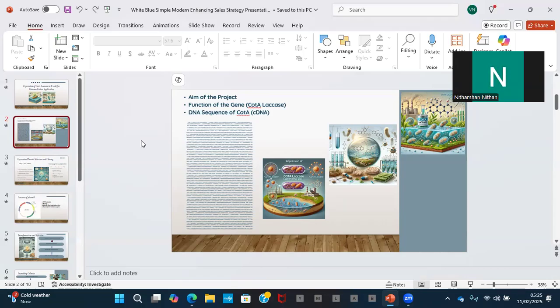This study aims to enhance the production and activity of CotA for potential use in environmental cleanup.